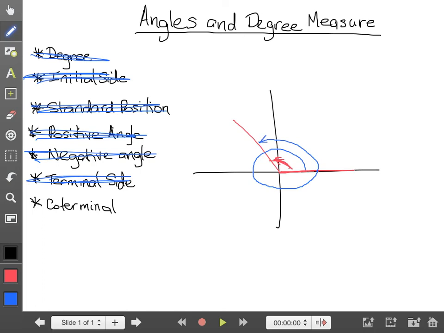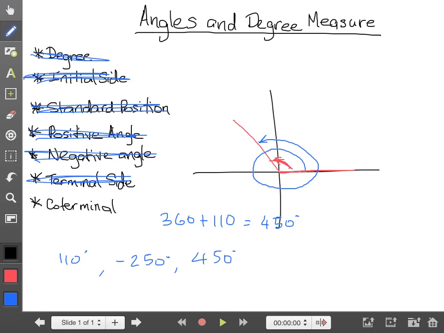So we went 360, full revolution, plus 110, and that gives us 450 degrees. So in addition to being coterminal with negative 250, it is also coterminal with 450 degrees.